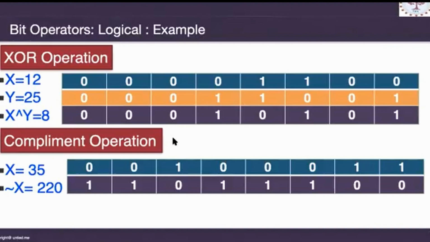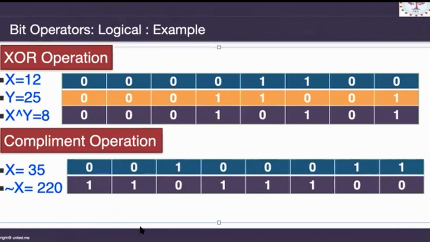If you want to complement, it means you are changing the values of the bits. Whenever you have 1 it becomes 0, and whenever you have 0 it becomes 1. So we have 35, and 35 is represented like this. When we do the complement of x, 1 becomes 0, 1 becomes 0, 0 becomes 1, 0 becomes 1, 0 becomes 1, 1 becomes 0, 0 becomes 1, 0 becomes 1.